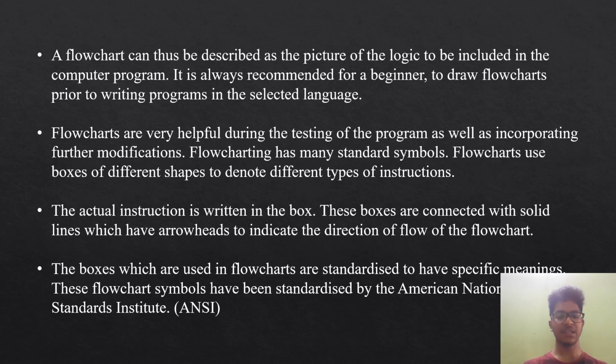The actual instruction is written in the box. These boxes are connected with solid lines which have arrowheads to indicate the direction of the flow of the flowchart. The boxes used in the flowcharts are standardized to have specific meanings. These flowchart symbols have been standardized by the American National Standards Institute (ANSI).